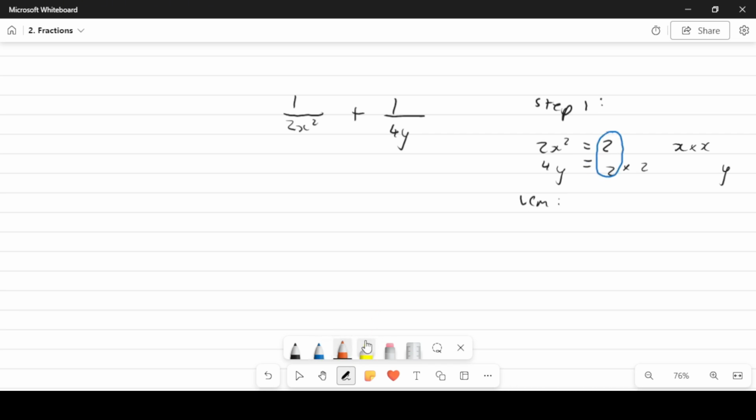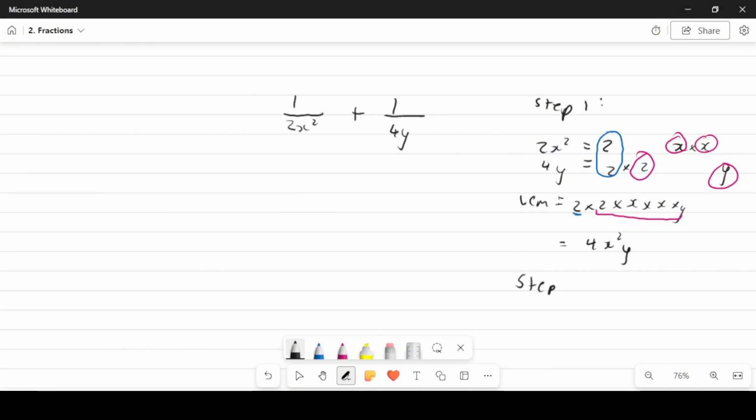So this 2 and 2 will be shared, and then this 2, this x, and this y here will be unshared. And so therefore we have 2 times 2 times x times y. Right, so this all makes up your unshared, and this makes up your shared. And so therefore, if you have to multiply all of this, it'll be 2 times 2, which is 4, x squared y.